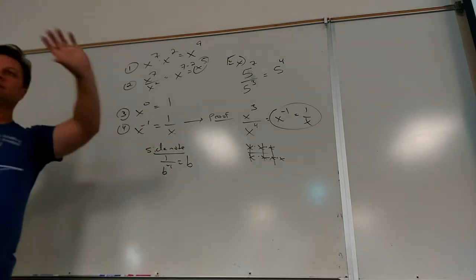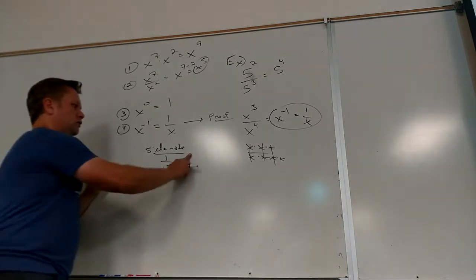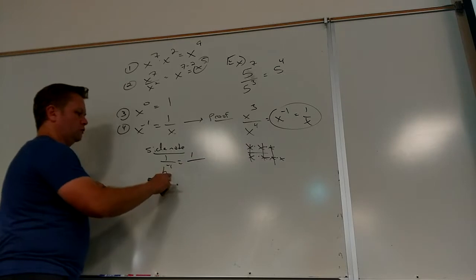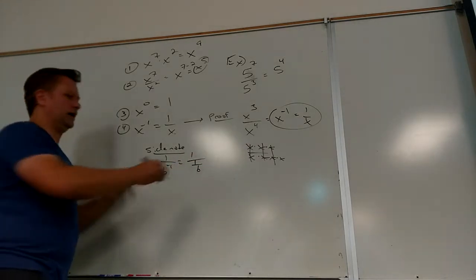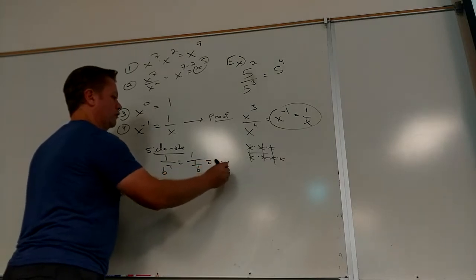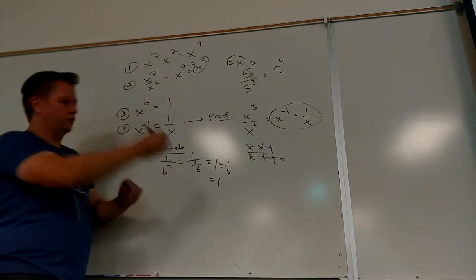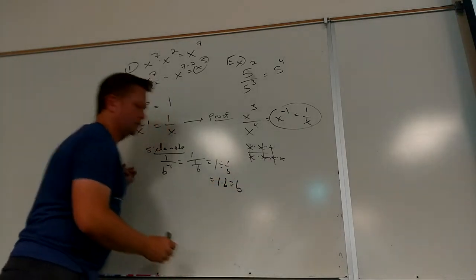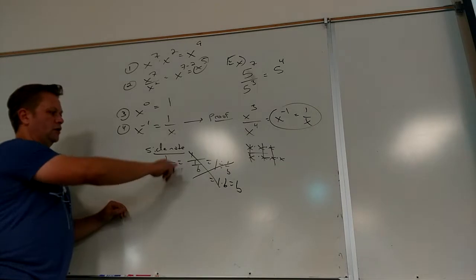So wherever it is, it just wants to be on the other side. The long way to do this problem is to say 1 over, well, b to the negative 1 is 1 over b. 1 divided by 1 over b is 1 times b over 1, and you finally get b. Do not do all this middle stuff. Just say that b goes up, bam.